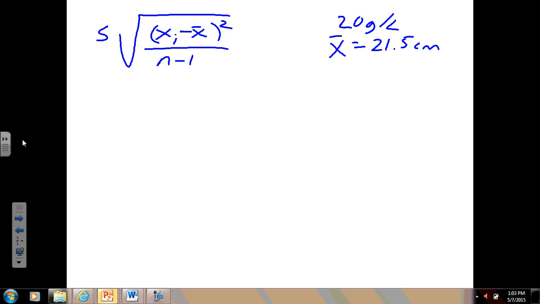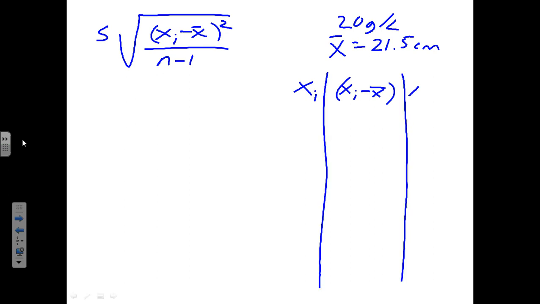So before we can do that, we need to make a little table. And our table will be xi, minus x bar, and what's our other column? Xi minus x bar all squared, right? So we first of all going to write down our individual data points. For the 20 gram per liter sample, our points were 18, 22, 20, and 26.